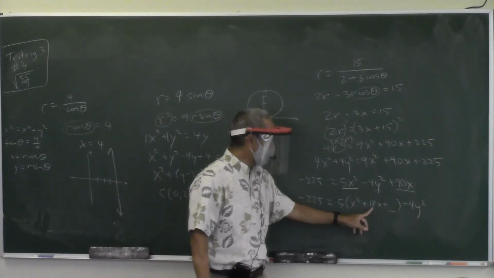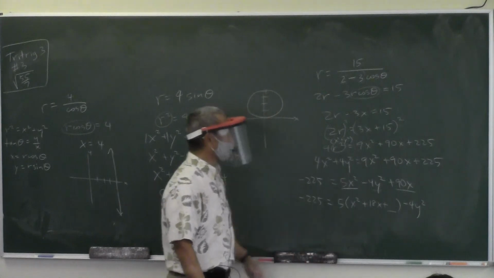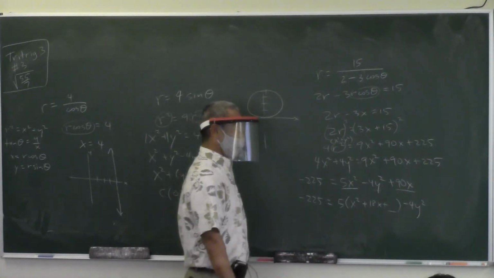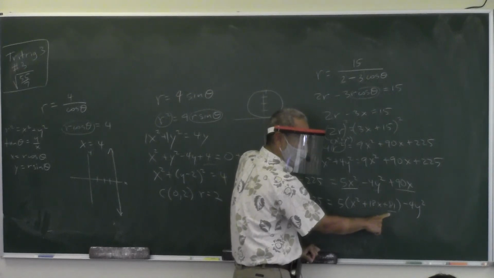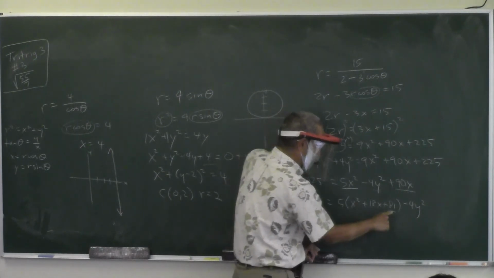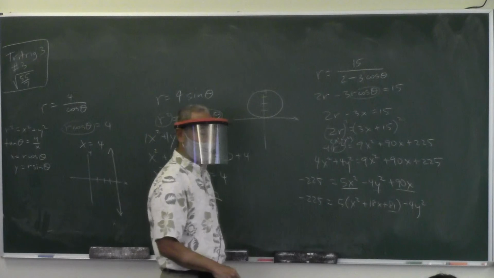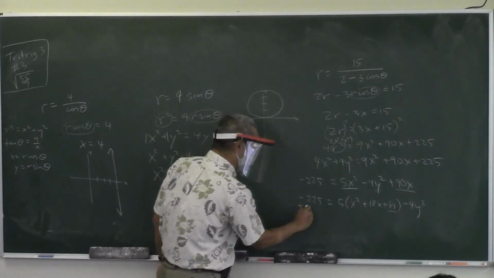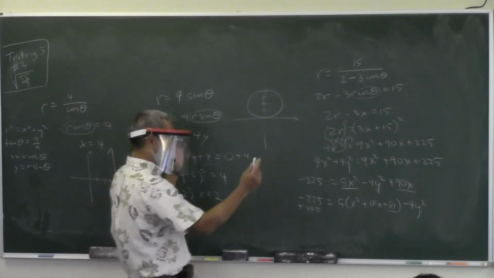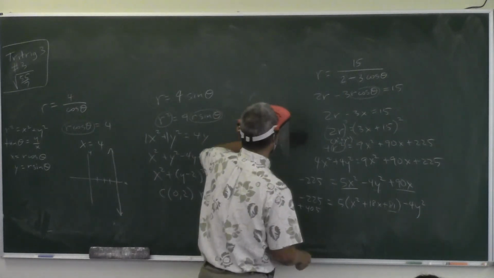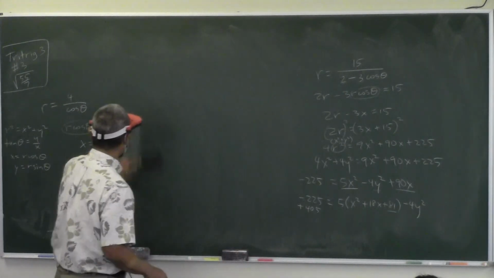You take half of that number and you square it. Okay, 81. But what did I actually add right there? I added 5 times 81, which is 405. That means you have to add 405 to both sides now. Okay, so this is what you got so far. I think we're going to have to erase. We need more room.